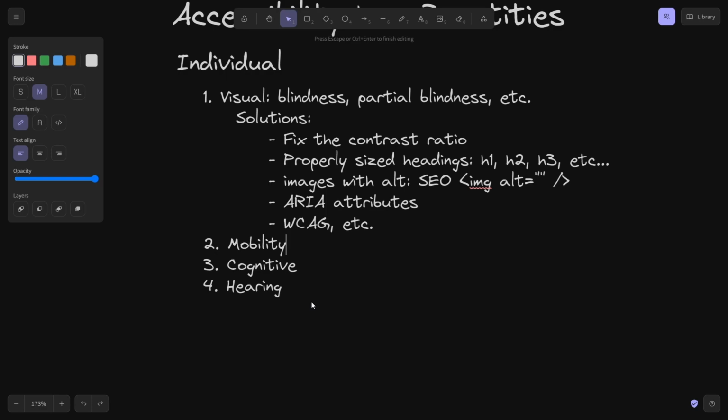Then we move on to the mobility part, which is also one of the problems an individual can have. So imagine somebody has an accident and they lose their hand, for a temporary or permanent time period, right? So that's one of the reasons why mobility will be an issue for them. Diseases like Parkinson's could create an issue for them.